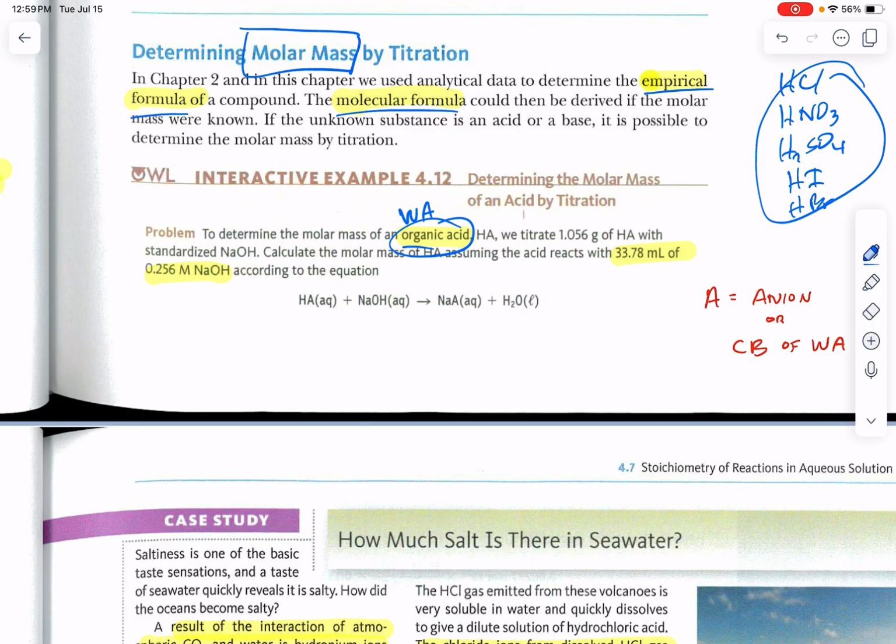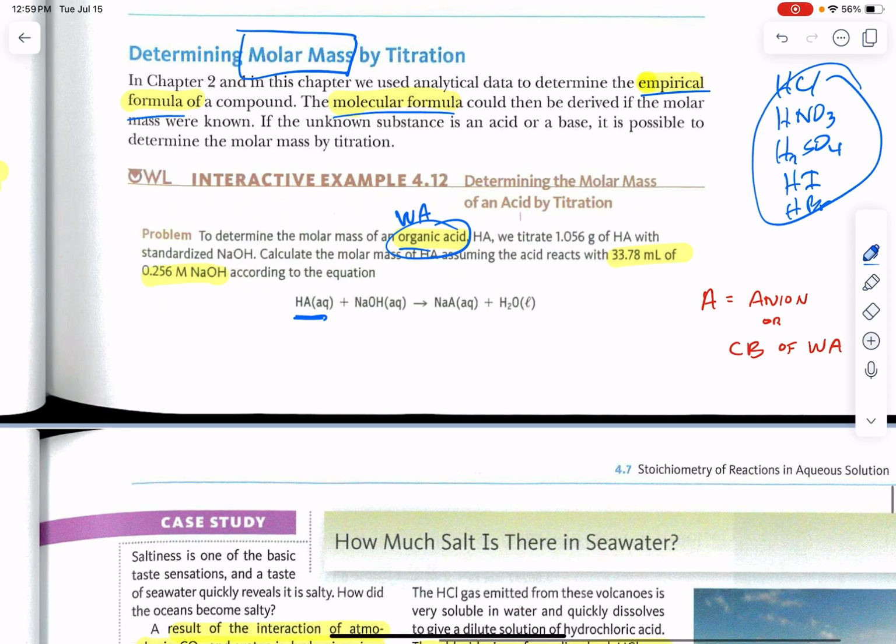Now, one of the ways to write an acid's formula generically, don't laugh at this, is HA. And the H, of course, is the proton that's going to be donated, and A can stand for anion, like the acetate or the chloride or the nitrate or the sulfate or whatever.